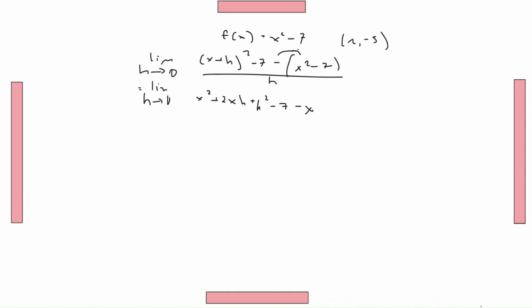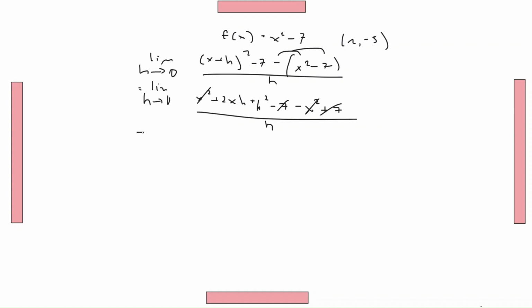We're just, remember, distributing this across, minus x squared plus 7. And then we'll have this h here as well. So what can we do? Well, things look like they're going to simplify already. So the x squareds cancel, the 7s cancel.